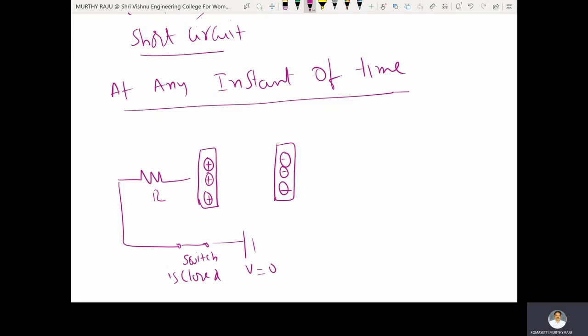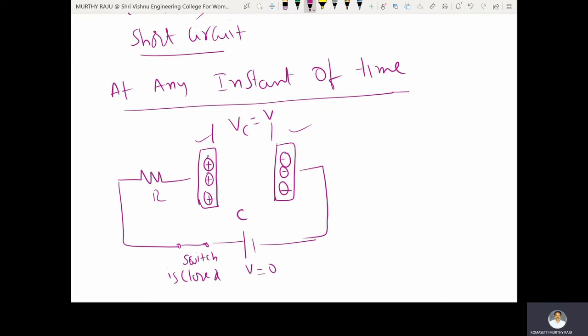Here V is equal to 0. The capacitance of the capacitor is C. Here Vc is equal to V. The voltage across the capacitor Vc equal to V means these two plates are changed.